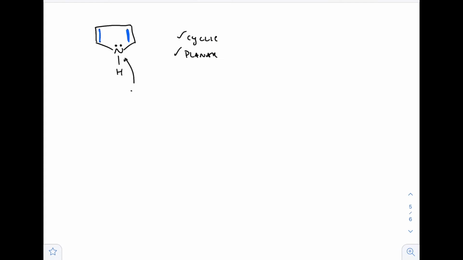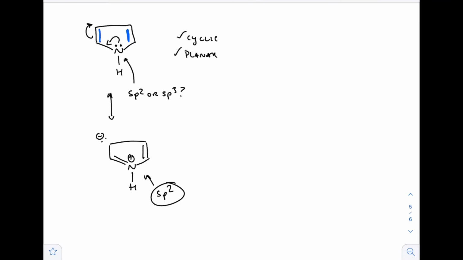And then that nitrogen, is it sp2 hybridized or is it sp3 hybridized would be the question, right? But since I told you we can use those pi electrons to form a resonance structure, that resonance structure would look like this, where this nitrogen has a positive charge and the negative charge is on the other carbon, right? So that means in this particular resonance form, that is an sp2 hybridized nitrogen.